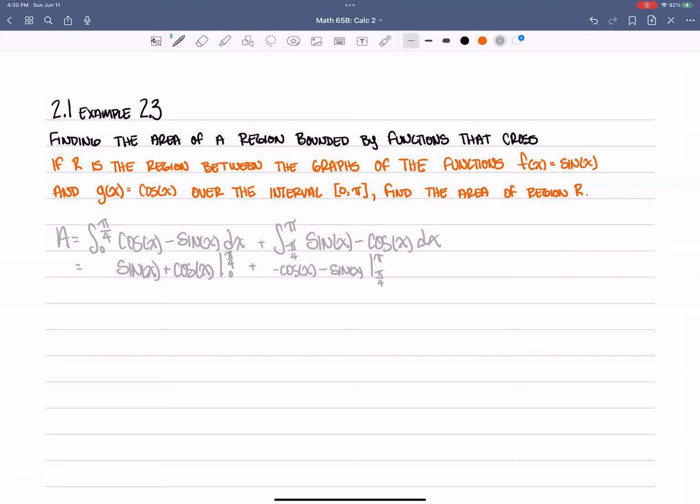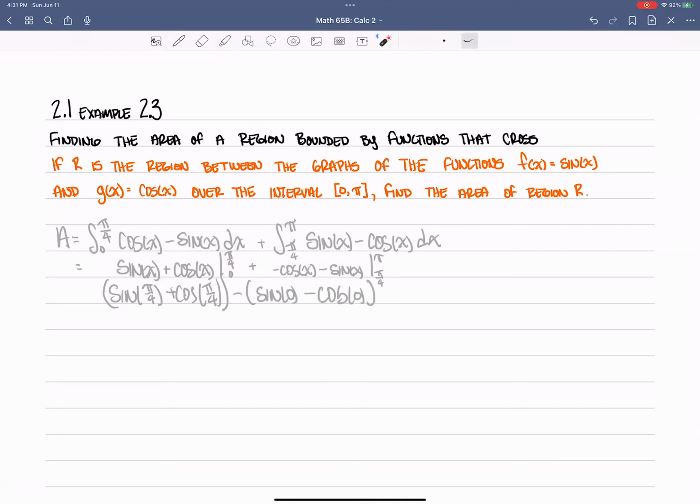All right, let's start with this first one. We're going to evaluate at pi fourths first. So sine of pi over 4 plus cosine of pi over 4. Now we're going to evaluate at 0. We're going to subtract sine of 0 minus cosine of 0.